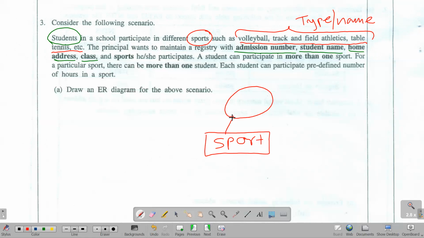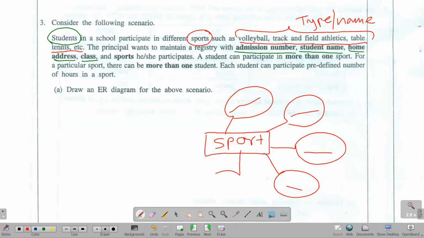If we are going to say all the names of the sports, how do you know how many names are going to be there? We never know because it says etc. We don't know how much etc. is, right? So that's not going to happen.